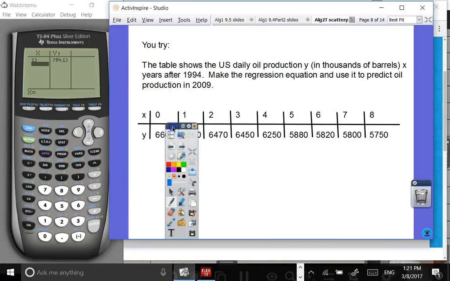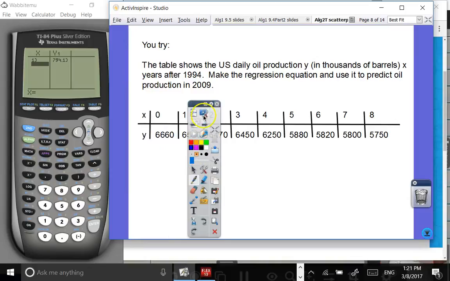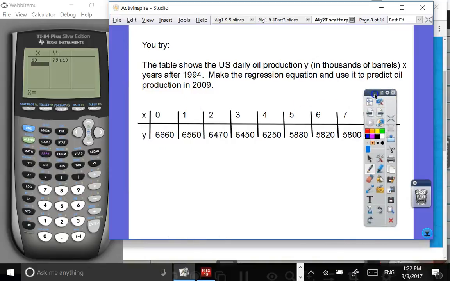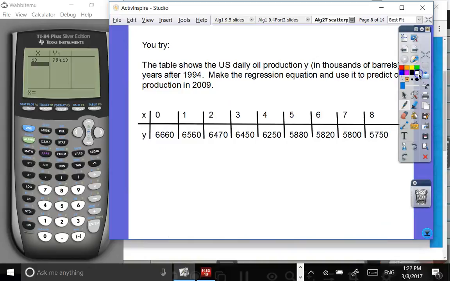Okay, make a regression equation to predict production in 2009.